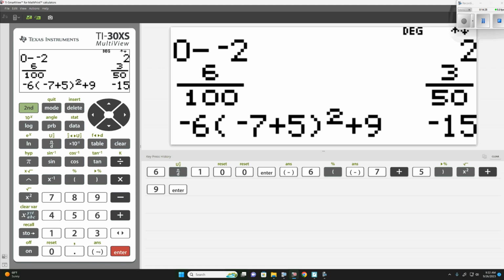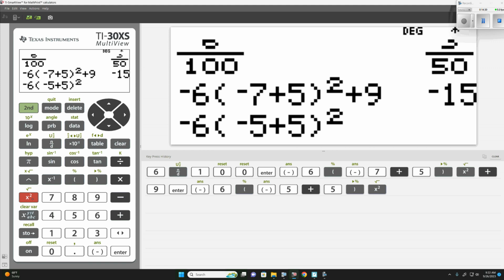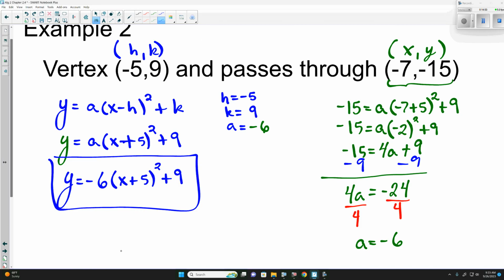I mean, we could do the same thing, -6 parentheses, -5 plus 5 parentheses squared plus 9, because that -5 is the x value of the vertex, yes? And the y value of the vertex was 9, yes? So I can check those 2 points. I can plug them back in and see, do I get the corresponding y value for those? Because if I do, that means I do have the correct equation. It did work out.